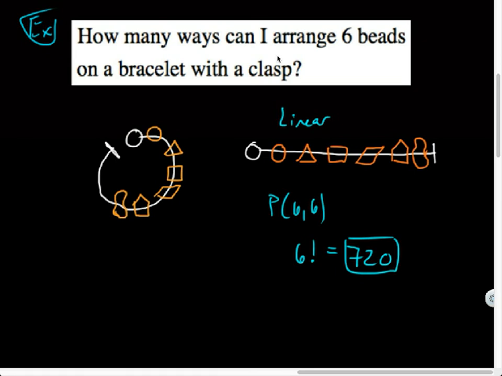There's something that distinguishes that point, so I could view this as a linear arrangement, right? Or how many ways could people sit around a campfire if there's a poking stick at one of the seats? So that's the general idea.